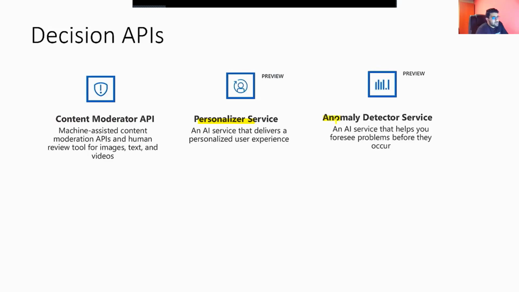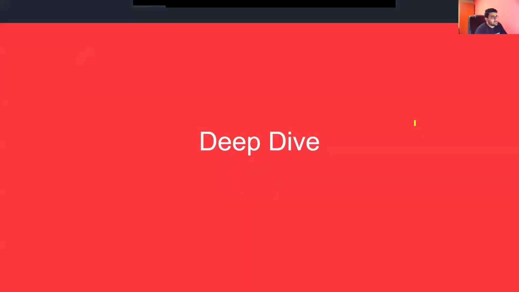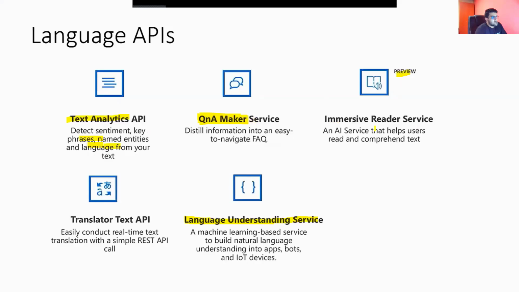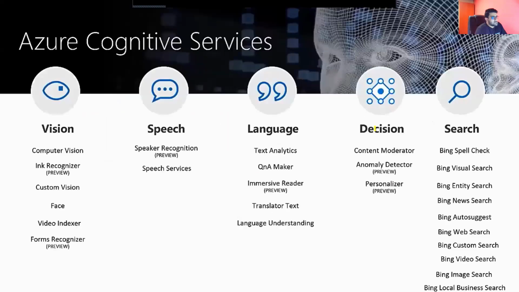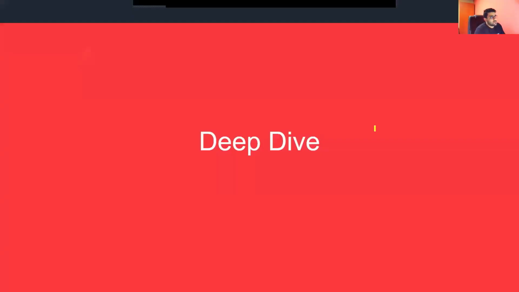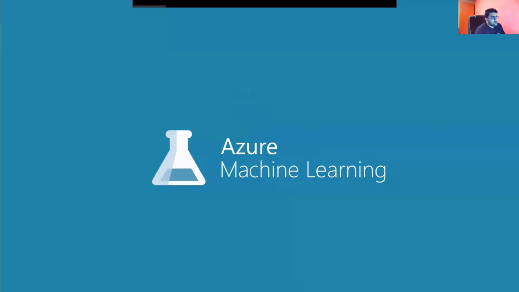And here we have the anomaly detector. If you insert a data set, you can find out whether there is an anomaly, like deviated data in it, and it will notify you. So these are the key areas in cognitive services. Let's deep dive into that.